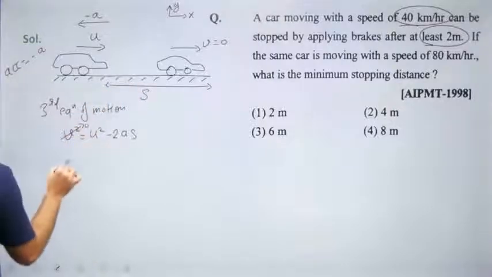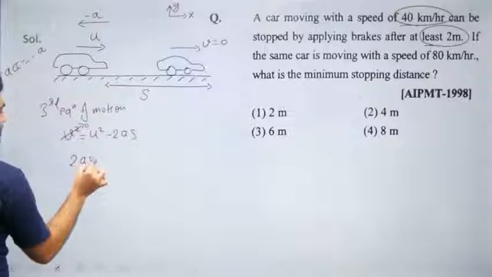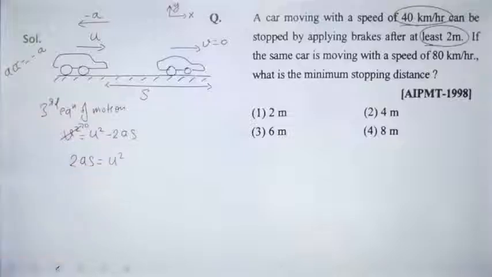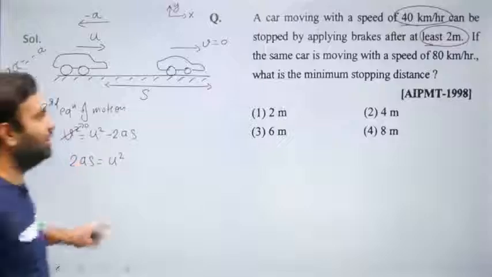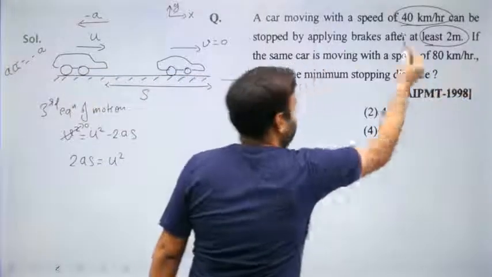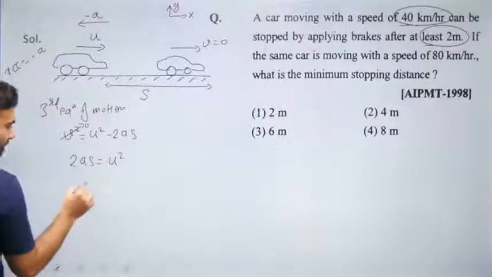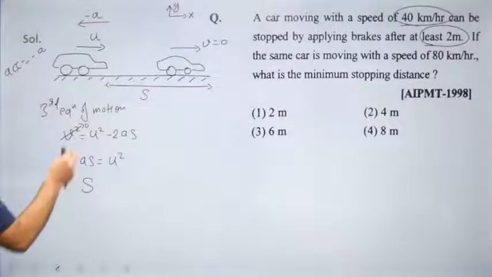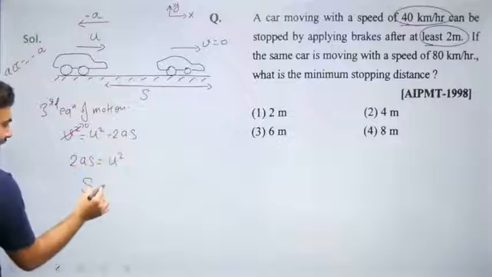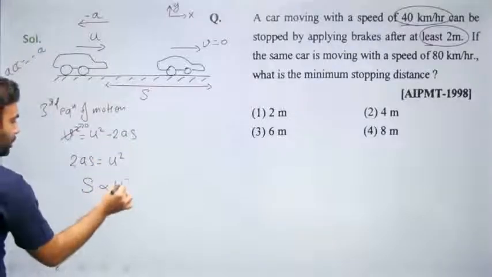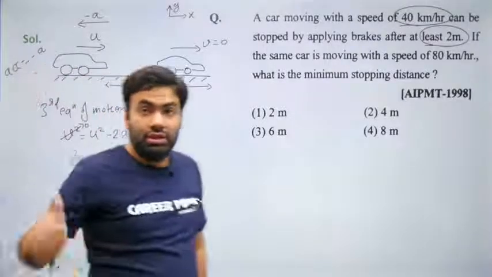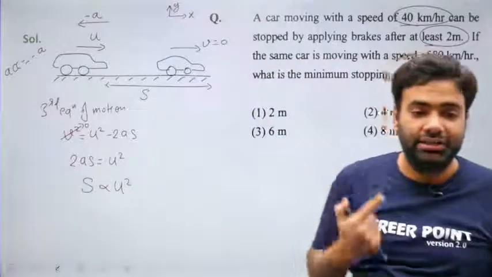So we can say 2as is equal to u square. From this equation you can find acceleration and put this acceleration in the second situation. Or the simplest method is, as you can see, displacement, braking distance is directly proportional to u square. This relation you can also use directly.